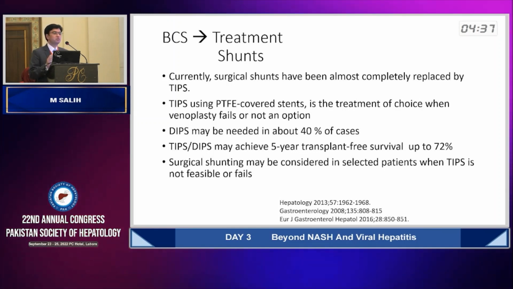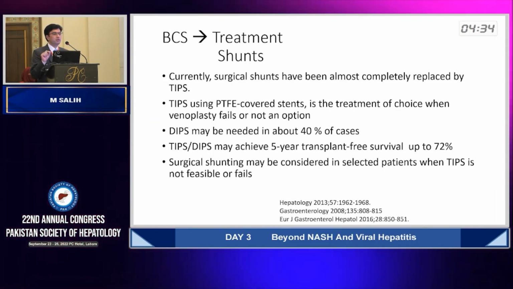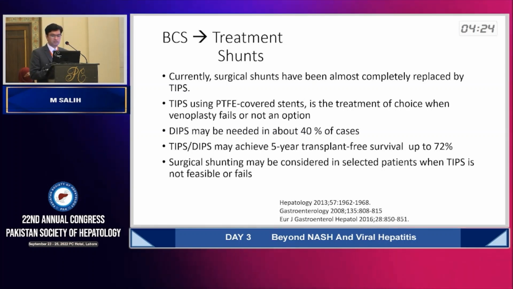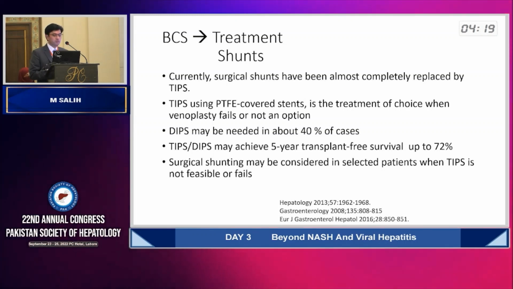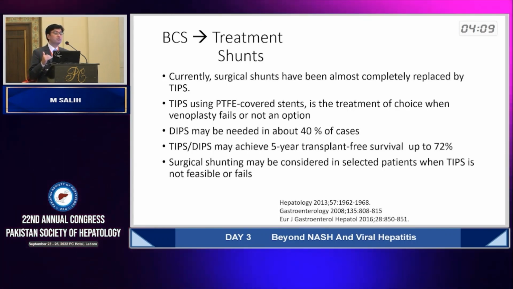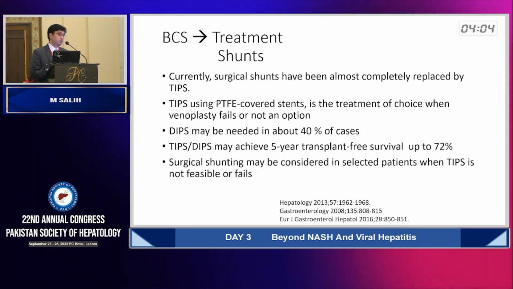DIPS, which directly connects the inferior vena cava with the right portal vein, may be required in 40% of cases, and one can achieve a reasonable transplant-free 5-year survival rate with TIPS or DIPS. Surgical shunting may be considered in selected patients where TIPS has failed or is not feasible, more so where the infrahepatic or suprahepatic IVC to atrium gradient is high. In those cases, TIPS may not work.